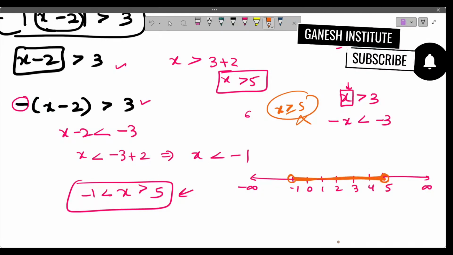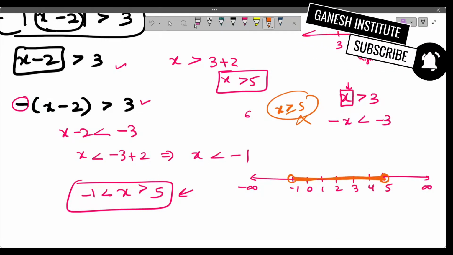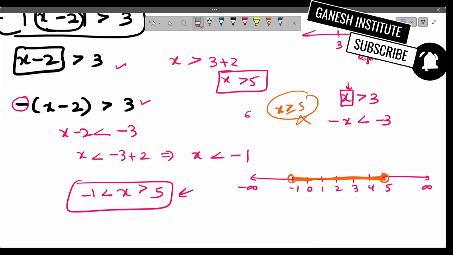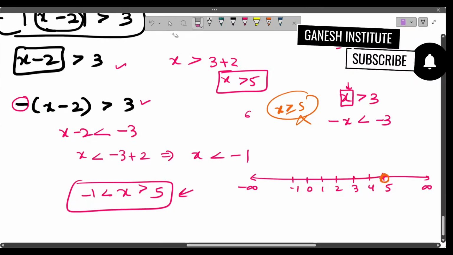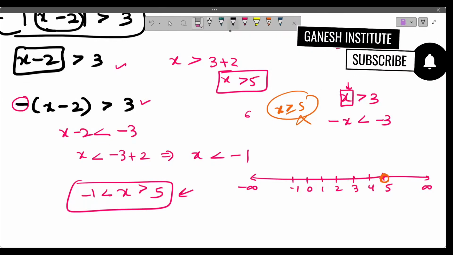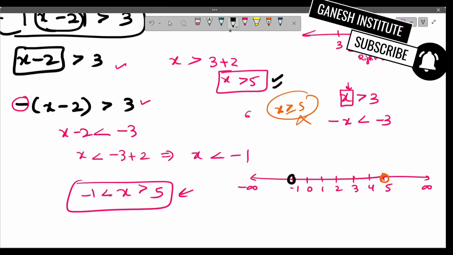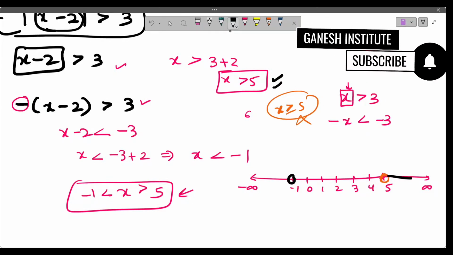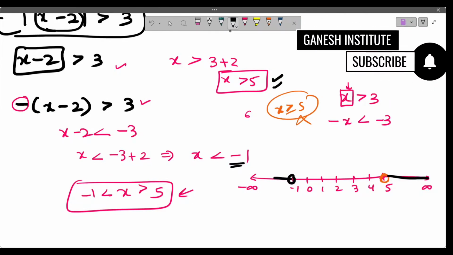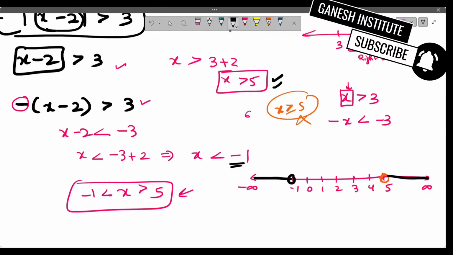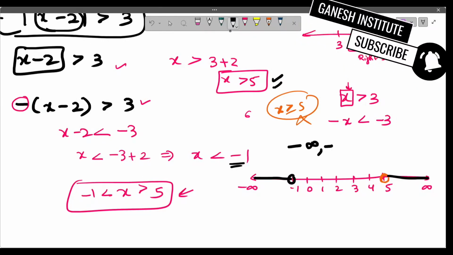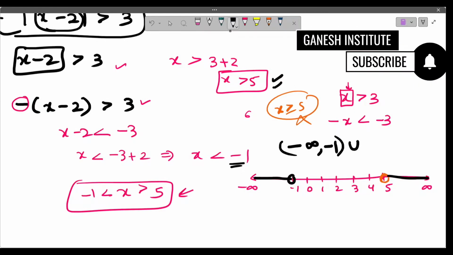This is my solution graph. Oh, sorry, hold on. It is x less than minus 1 and x greater than 5. So this is the solution. I can say minus infinity to minus 1, union 5 to infinity. Is this fine?